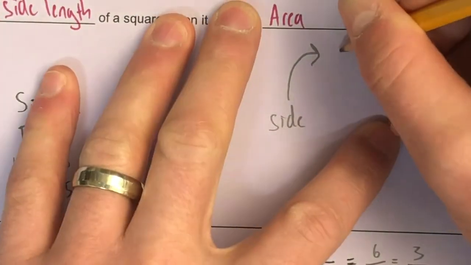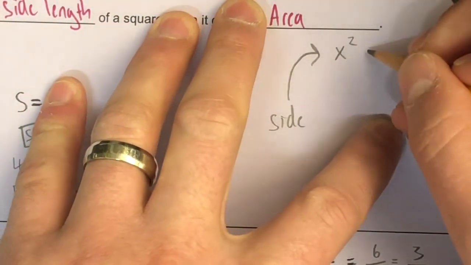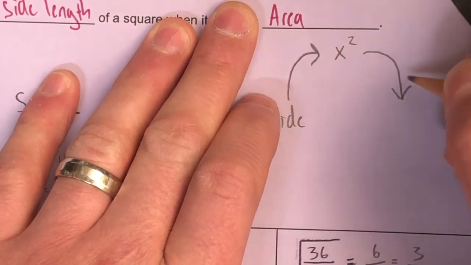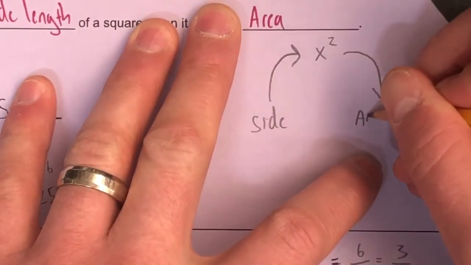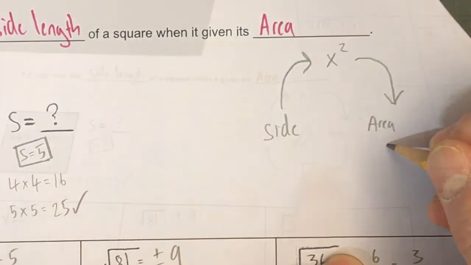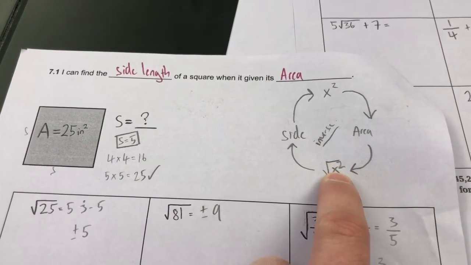We get x squared. Then let's draw another arrow and put area. And then we get to the square root of x squared.